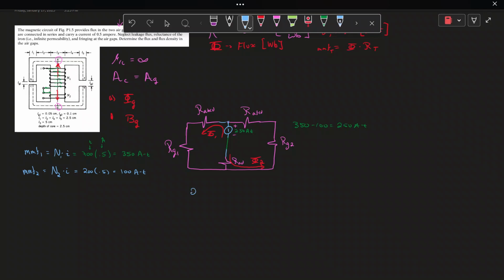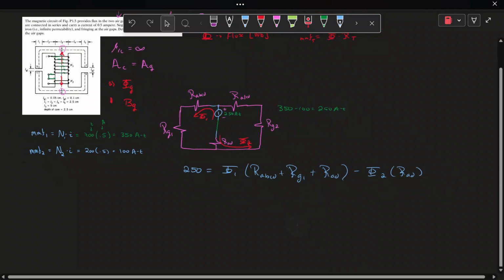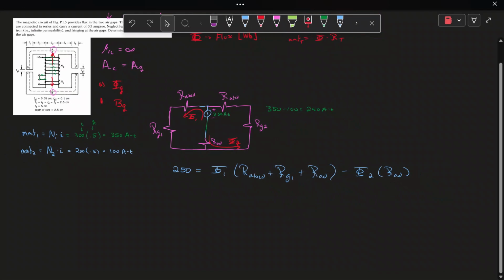So we can say 250 is equal to flux 1, it's going to be reluctance ABCD plus reluctance G1, air gap 1, plus reluctance of AD. But then we have to do minus flux 2 of reluctance AD because we have two currents flowing through that reluctance. Now we do it for the second one.